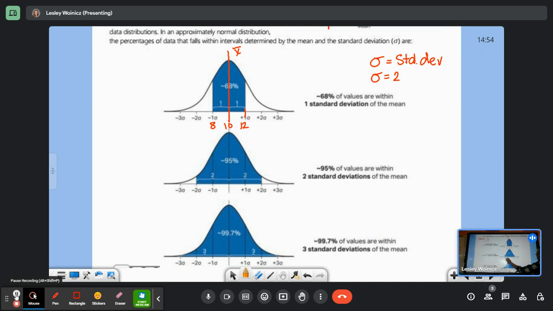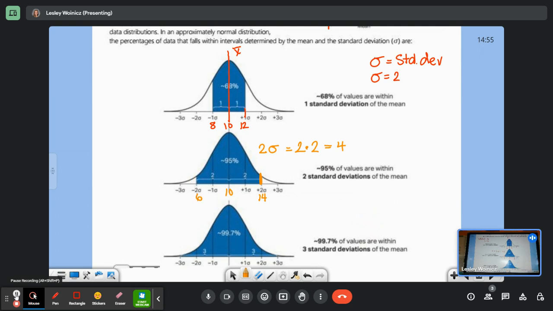Now, if we go out to twice sigma, so 2 times sigma would be 2 times 2 in this case, because we said sigma was 2. That would be 4. So here's my 10. If I add 4, that would be at 14. And if I subtract 4, that would be at 6.